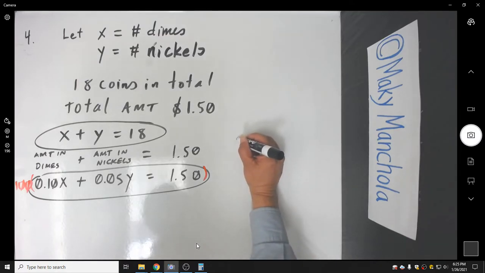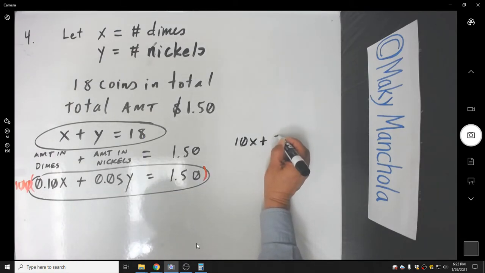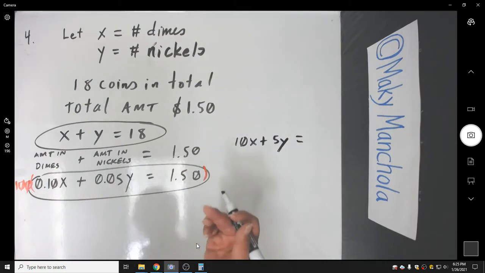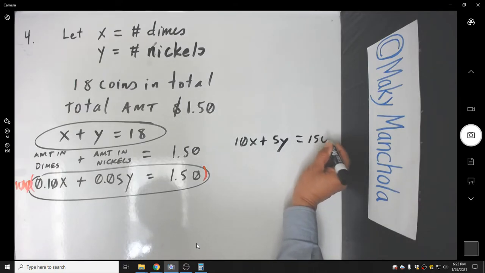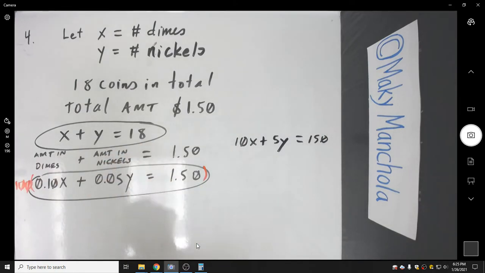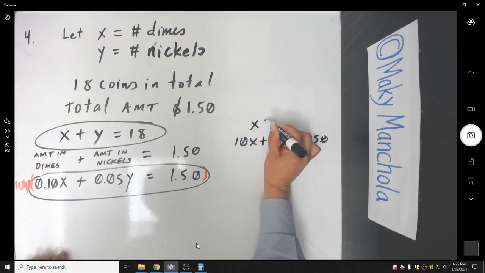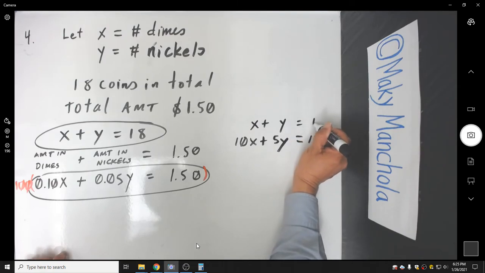So our second equation begins with 10x. 100 times 0.05 is 5, so that's plus 5y, equals 100 times 1.50 is 150. Our first equation has no decimals, so we don't have to adjust it. We just copy x plus y equals 18.